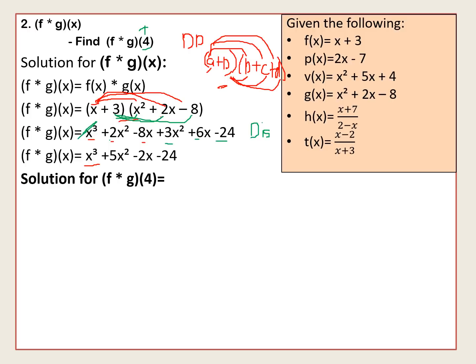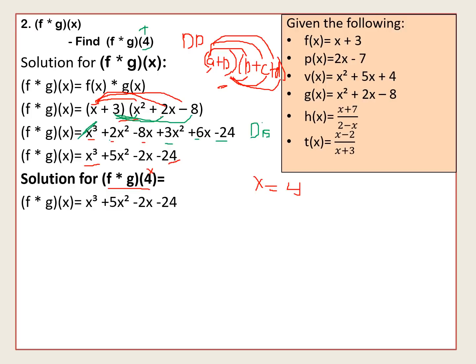So, solution for f multiplied by g of 4. Our x here is positive 4. Yung nakuha natin na value, isusulat muna natin siya, kasi yun yung evaluate natin using x equals 4.